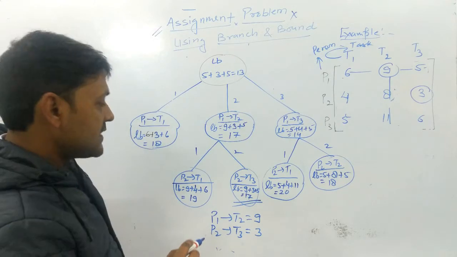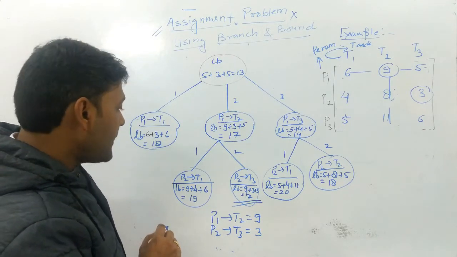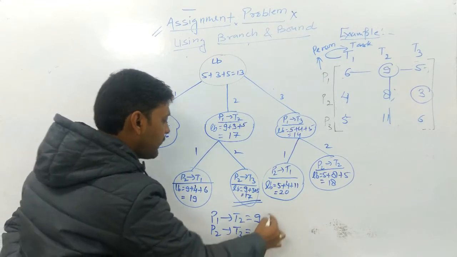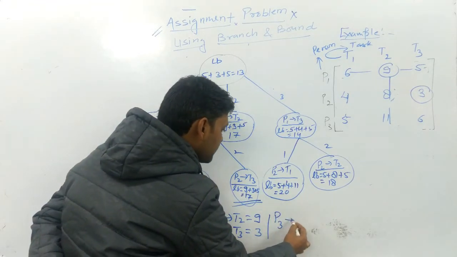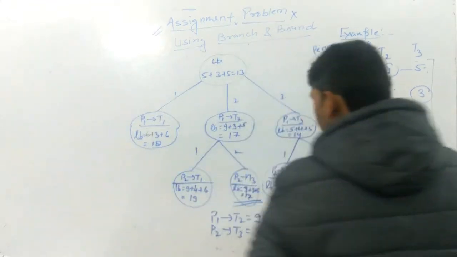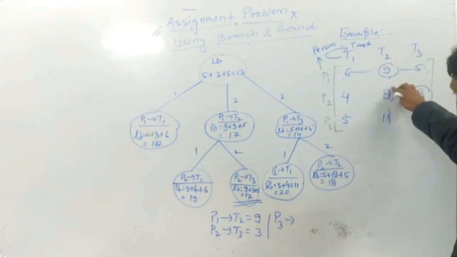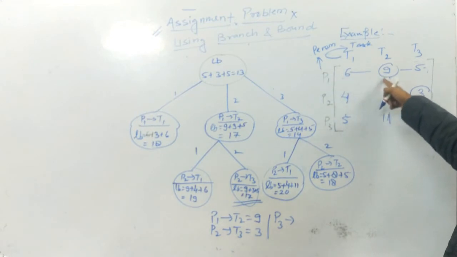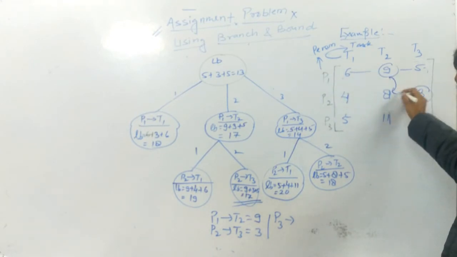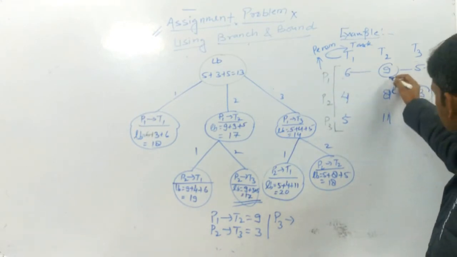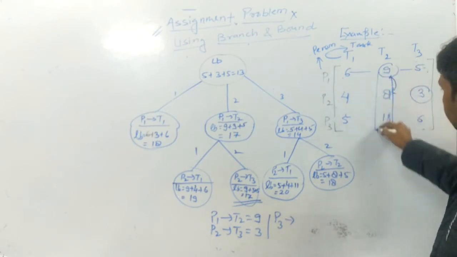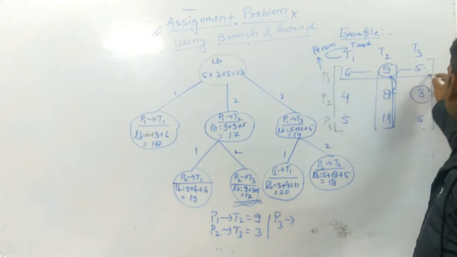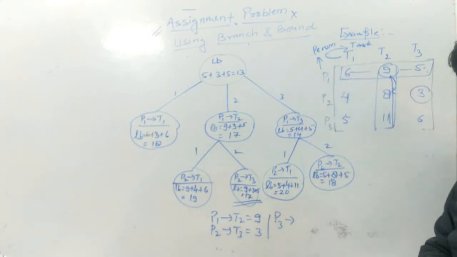And next, if you have to explore this node, then you have to find P3 performed. Because of that, check your example. If P1 is performed T2, then this column is fixed, and this row is fixed.